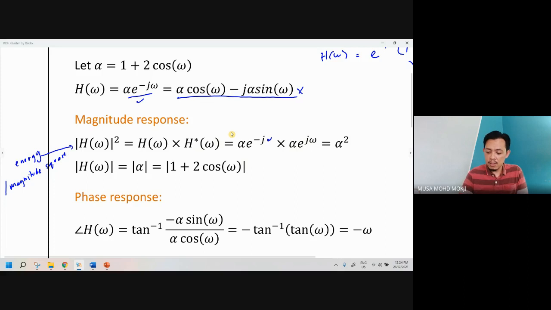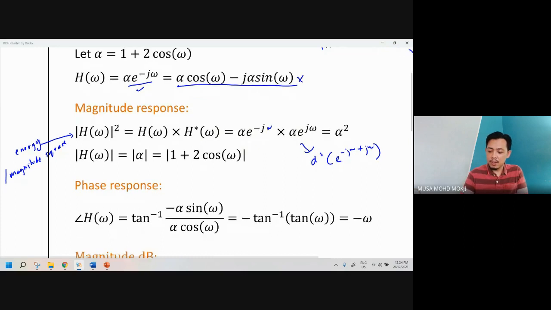This one becomes alpha squared, and this becomes e to the minus j omega plus j omega. When you do that, negative plus positive, you will get e to the power of 0. Alpha squared e to the power of 0 equals alpha squared multiplied by 1.